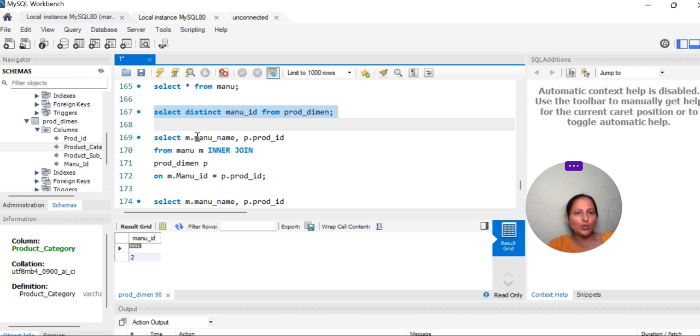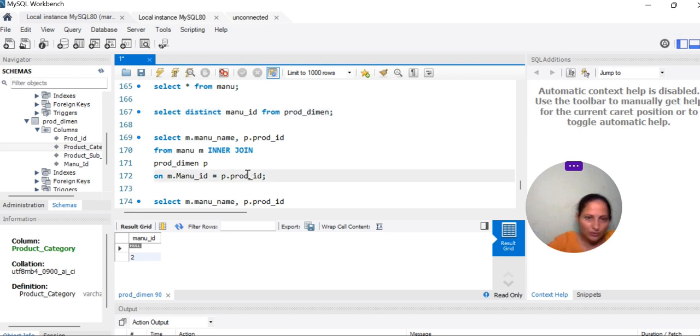We are joining the manufacturer table and the product dimension table on manufacturer ID.